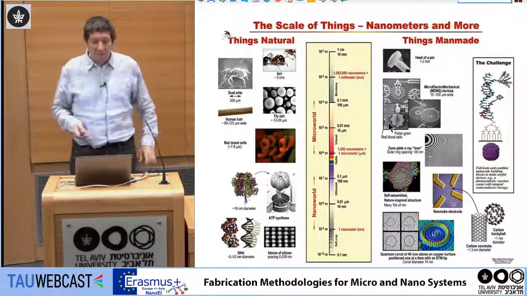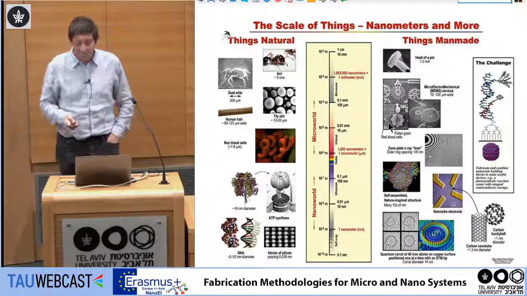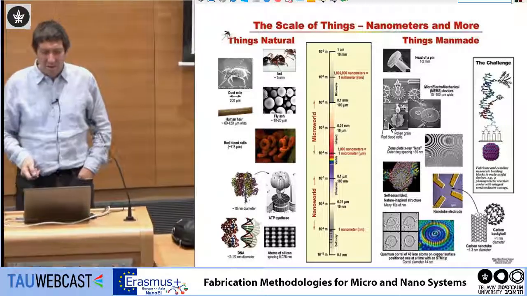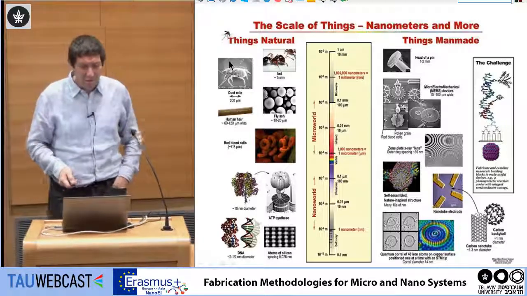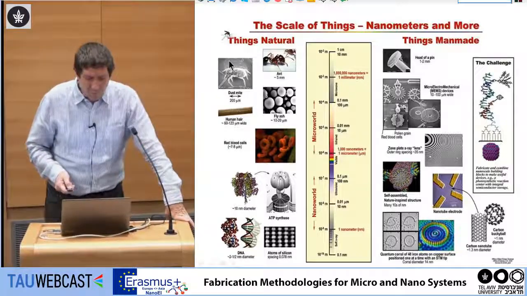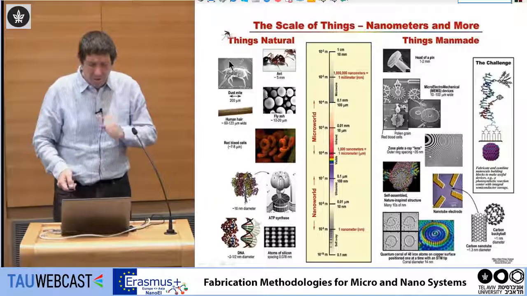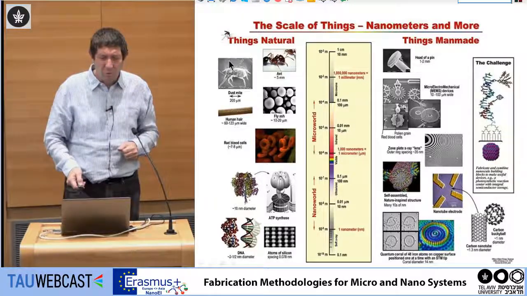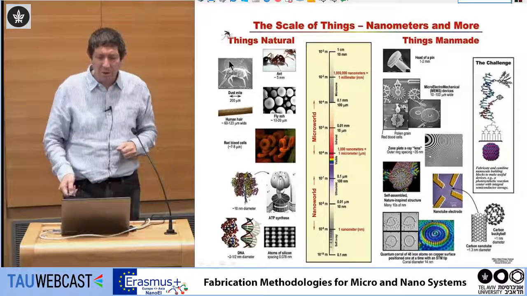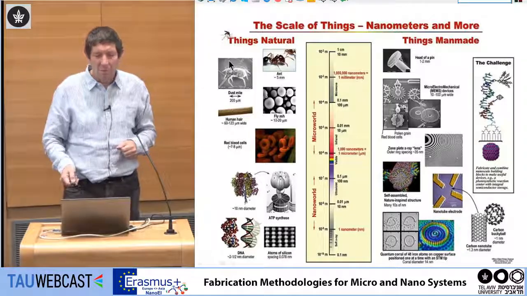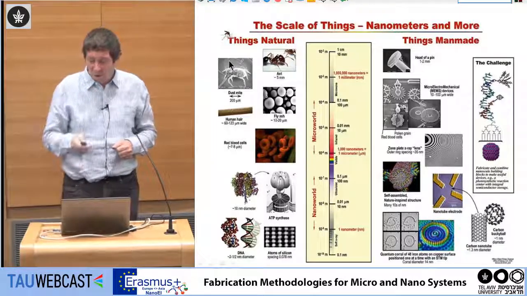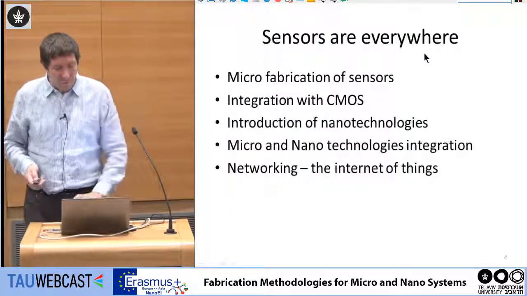And practically, you've seen this slide many, many times. We have things natural and things nano-made, and we are talking about a scale from atoms to cells. So we are talking about a huge scale when we talk about nanotechnology, and this is kind of an overview.